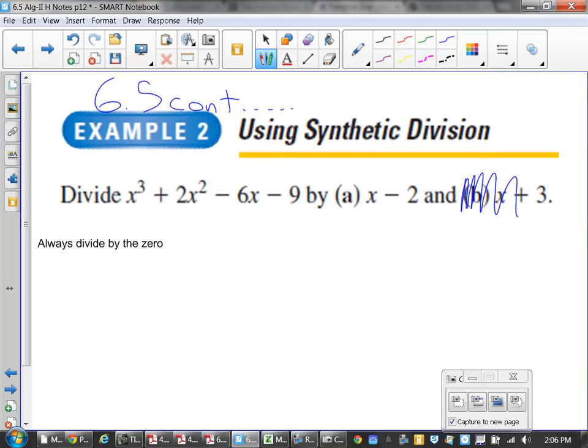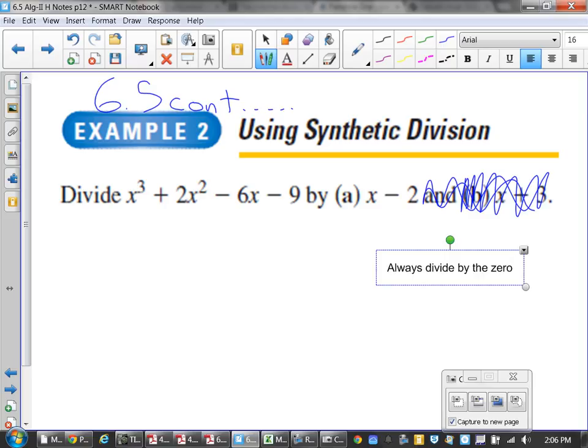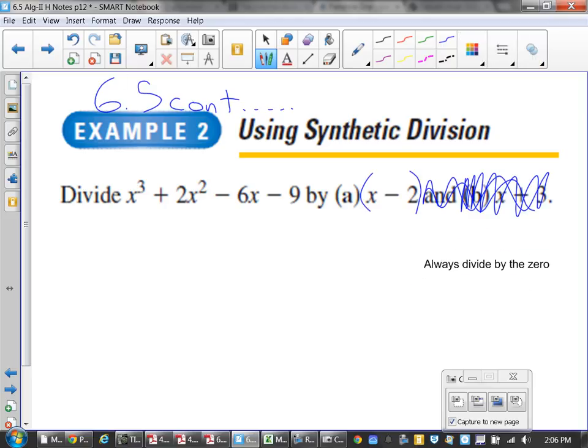There's two parts here, so I'm just going to do the first one. You're going to be able to divide, given a term, into a polynomial much easier and more efficiently than long division. Here's what happens. When you are given a term, x minus 2, that's what's in parentheses.